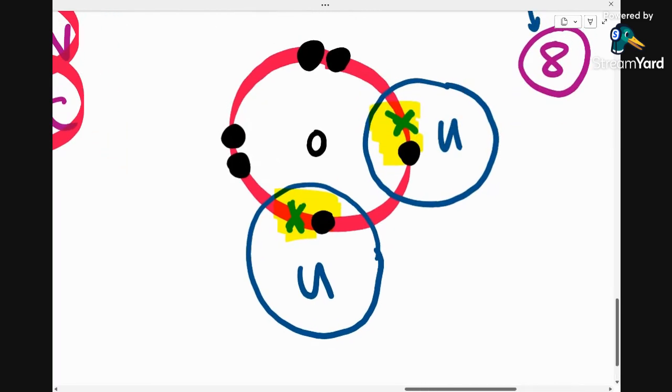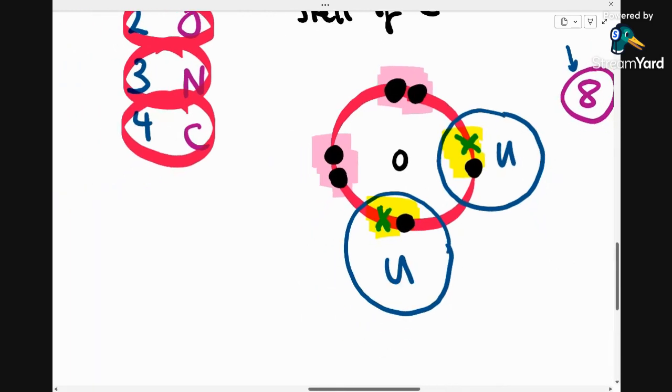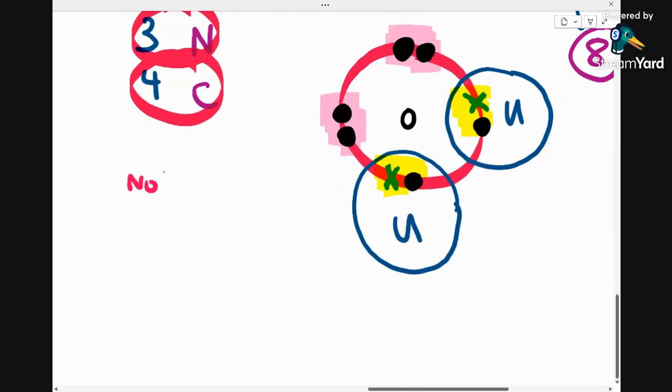4 of them are, which I've highlighted in yellow, but if I highlight the ones in pink that aren't, it is these guys here. These are not used up in chemical bonding. So I'll write that here, not used up in a covalent bond.